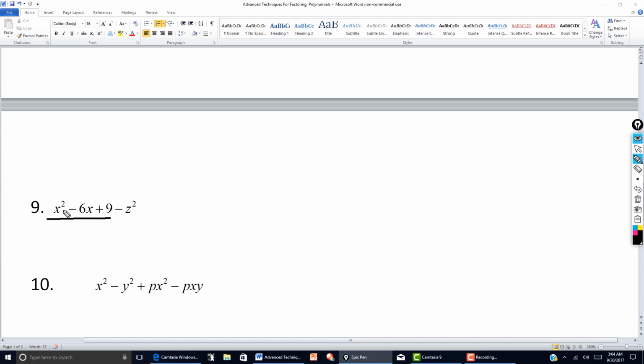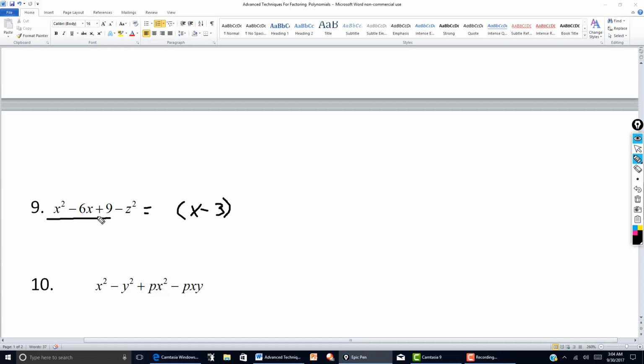In this case, I want you to look at the first 3 terms of this problem: x squared minus 6x plus 9. You should recognize that as a perfect square trinomial, or you try to factor it, and it factors into x minus 3 and x minus 3.